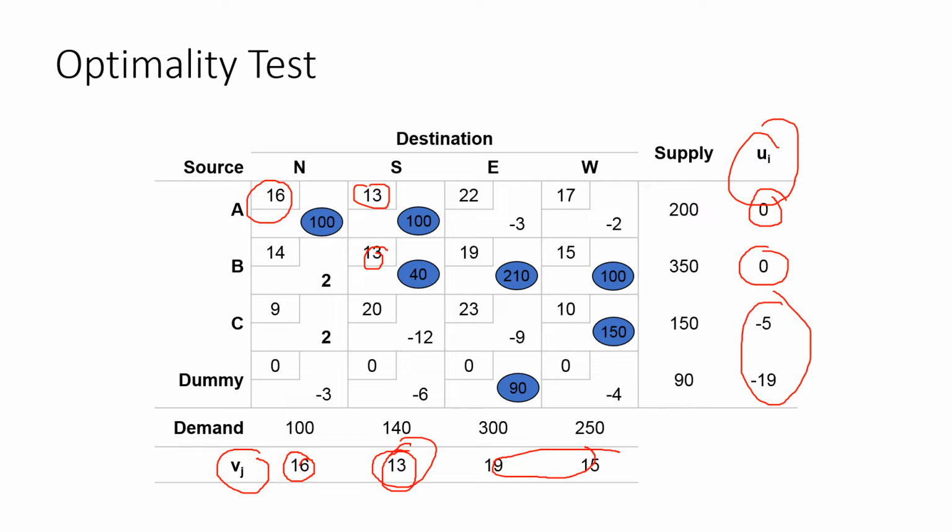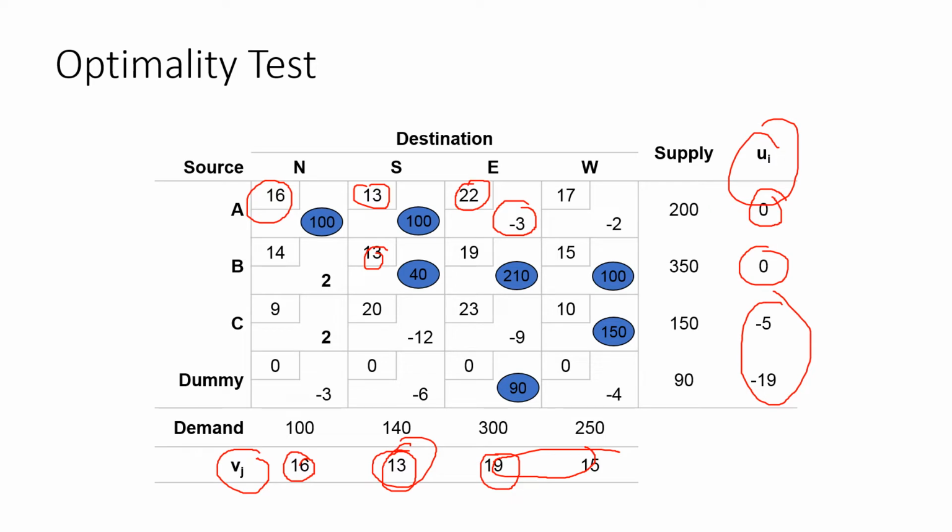And for example, this c prime ij here will be, I'll say ui 0 plus vj 19 minus cij 22 equal minus 3.